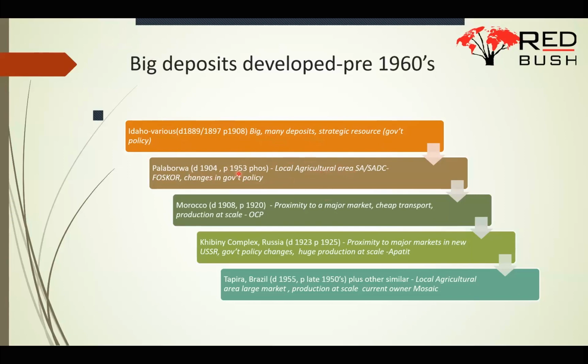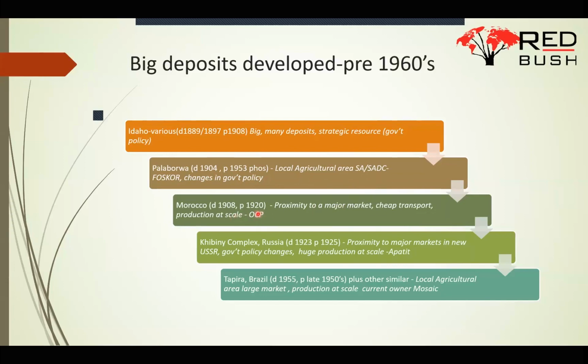Palabora is discovered in 1904. We know this, but it doesn't start producing phosphate until 1953. So again, it's proximity, and there's obviously a change in government policy, especially towards government agricultural policy. Morocco, again, is discovered in 1908.